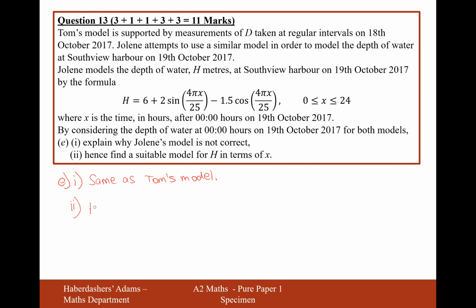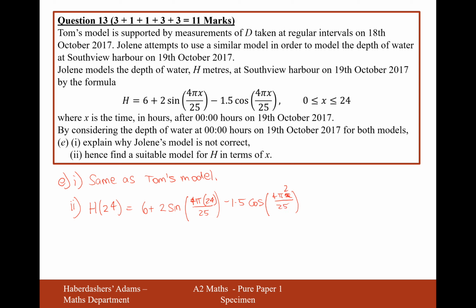So what we're going to do is plug 24 into this expression here, and I expect the 6 at the front is going to need to change. So plugging in h of 24, we're going to get 6 plus 2 sine 4 pi times 24 over 25 minus 1.5 cos 4 pi x over 25.